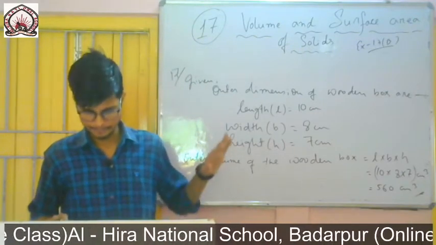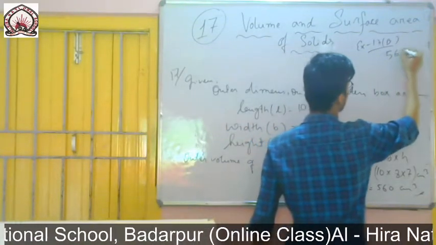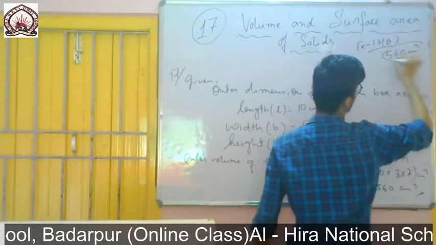Okay, so we got the outer volume, it is 560. You remember it, 560 centimeter cube.